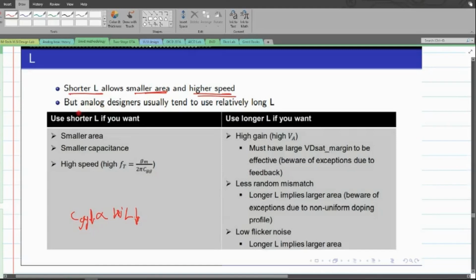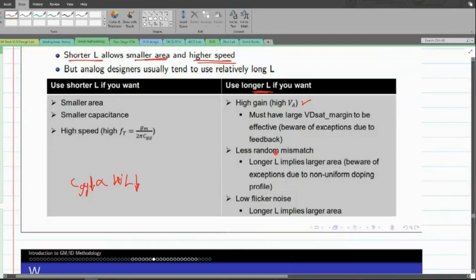On the other side, when I use a longer channel length, we end up having a very large value of VA. Apart from this large value of VA, we also end up having a reduction in the random mismatches. There are a few mismatches that are normally considered during the design of amplifiers. One is called the VT mismatch. You can just Google it, but I will talk about these mismatches when we design the circuits.